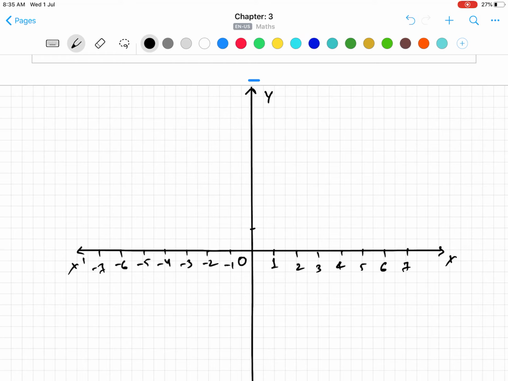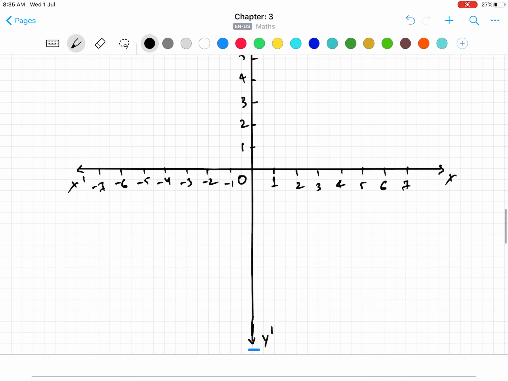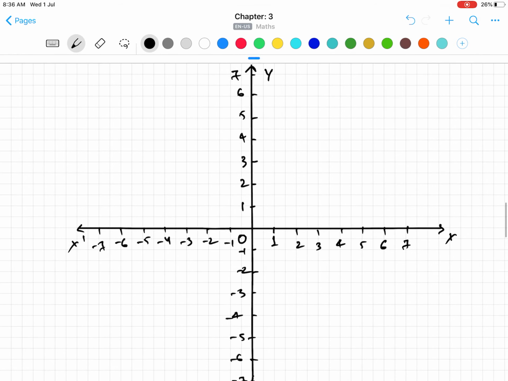And in the forward direction we have +1, +2, +3, +4, +5, +6, and +7. Then in the downward direction we have -1, -2, -3, -4, -5, -6 and -7. Okay, and so on.